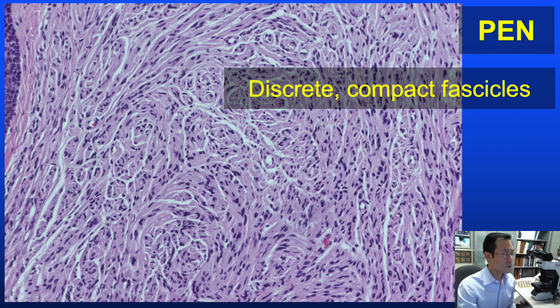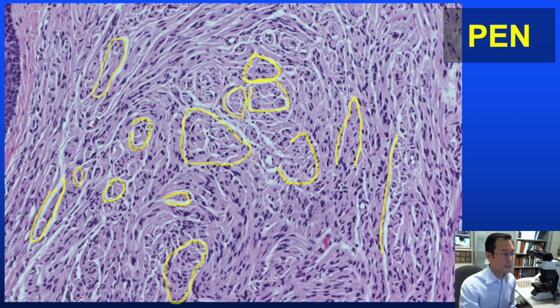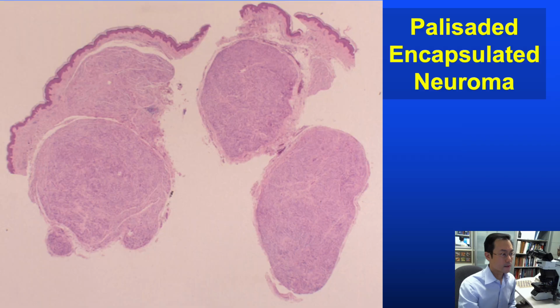In contrast to neurofibroma, in PEN, the spindle cells are aggregated in more discrete and compact fascicles, identifiable not only by the spindle cells themselves, but the empty clefts surrounding them. PEN stereotypically occurs as a solitary small superficial papule on the face.